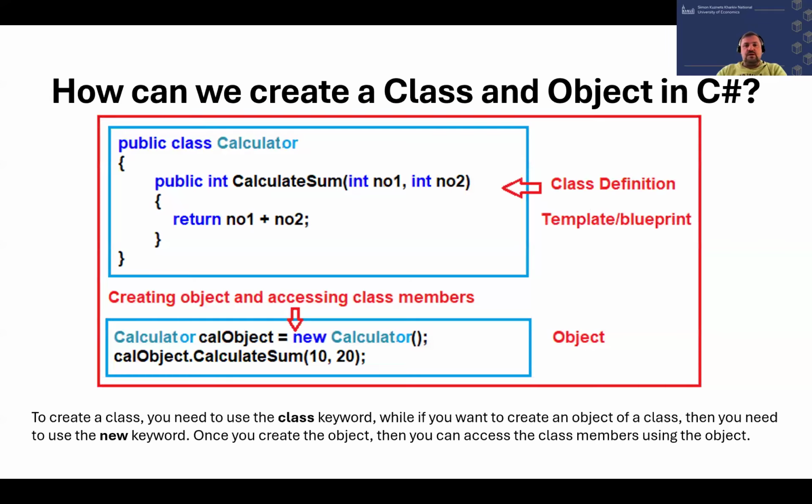After that follows the class name. For example, we use the class name Calculator. And after that, we have the class body, this one. The class body is enclosed by a pair of curly braces.